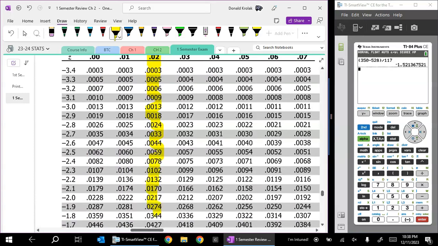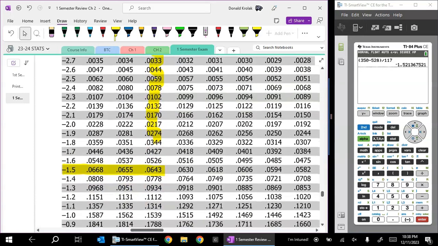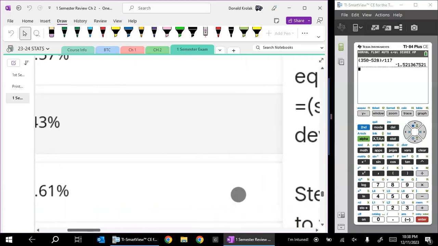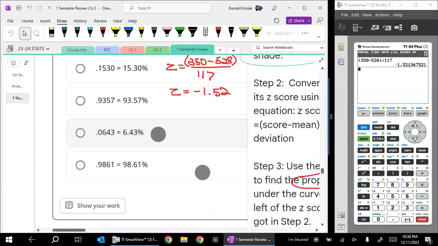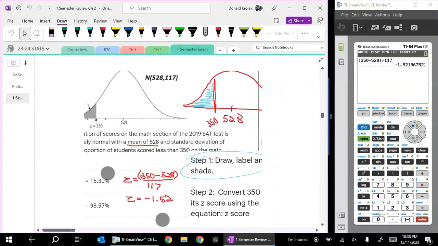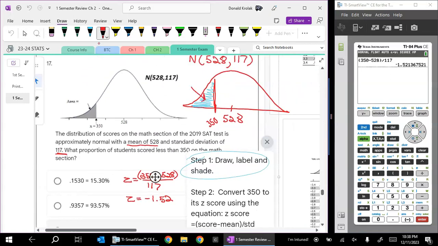And where these two intersect, that's my area. So they intersect at 0.0643. So that's this area right here, 0.0643, which is about 6.43%.